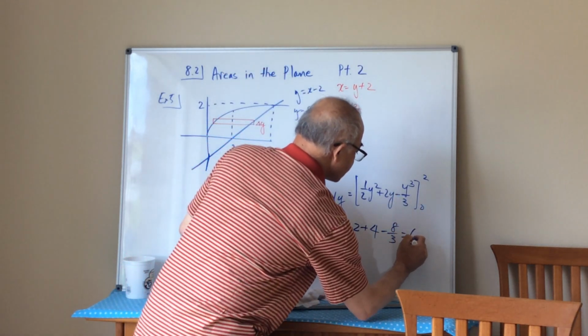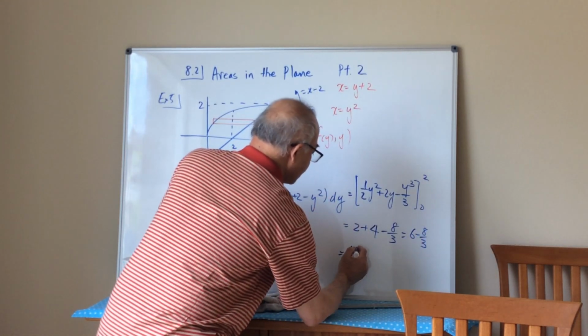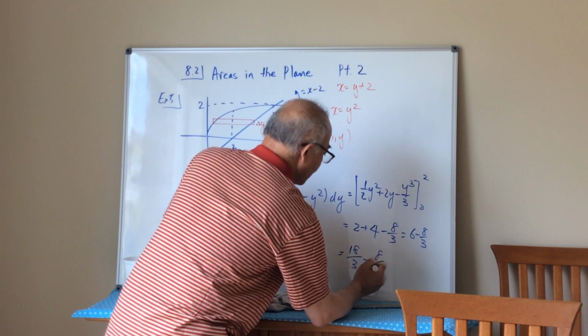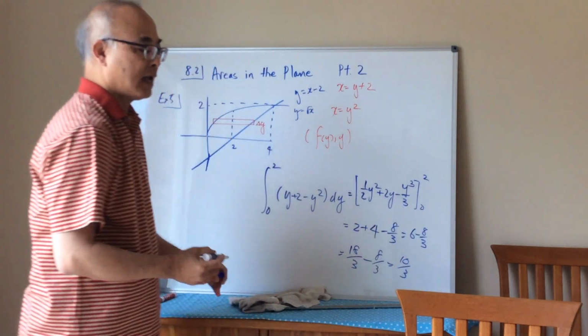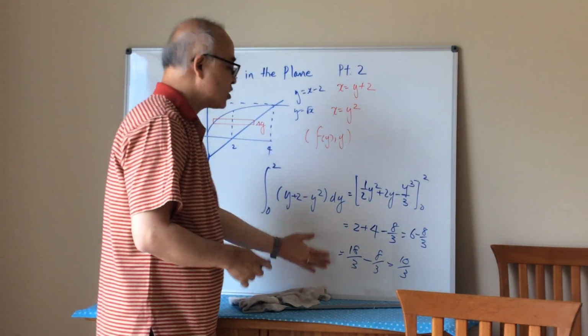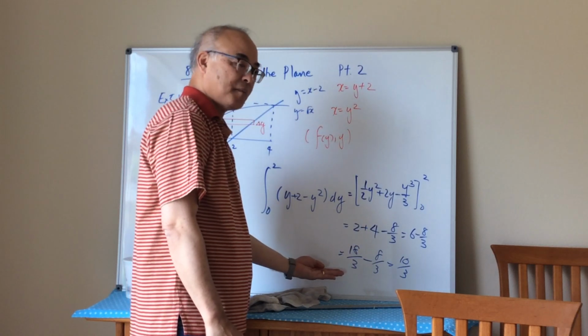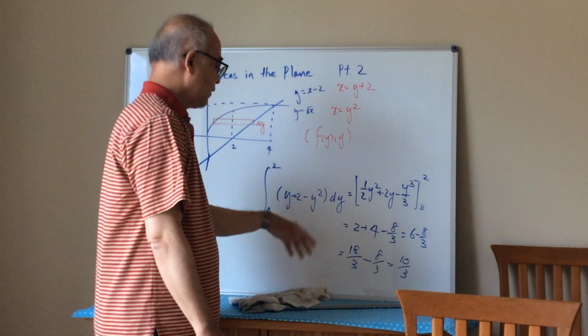So I get 6 minus 8 over 3, which is 18 over 3 minus 8 over 3, which is 10 over 3. Same thing, but you can see it is much cleaner, much easier, simpler, one step, compared to what we did in example number 4.